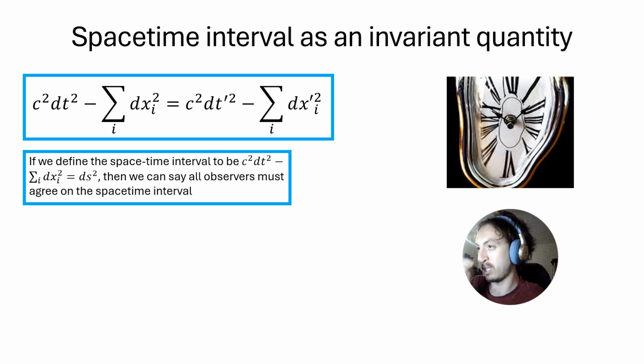The other reason for defining the order of subtraction this way, and not doing the space-like separation squared minus the time-like separation squared, is that whilst it's standard to call ds squared the space-time interval, you might be thinking that ds squared has units of meters squared.